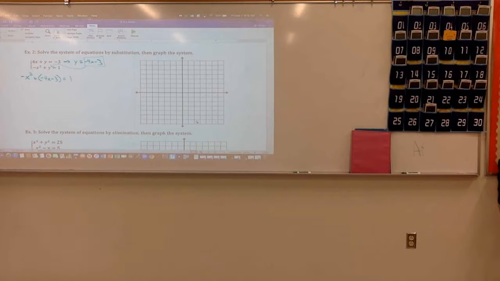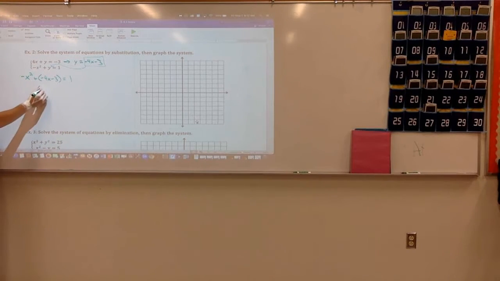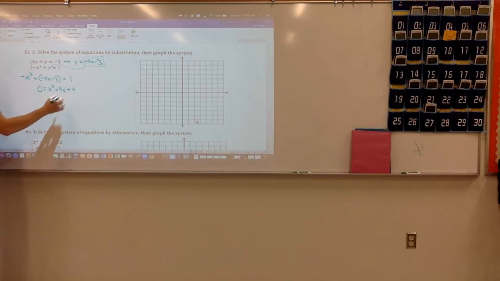Well, now I just have a quadratic to solve. So I want to get everything on one side equal to 0. Since my x squared is negative, I'm actually just going to move everything over to the right side. So add the x squared over, add the 4x over, and then add the 3 over. So 1 plus 3 is 4.